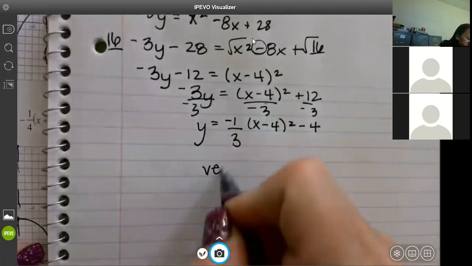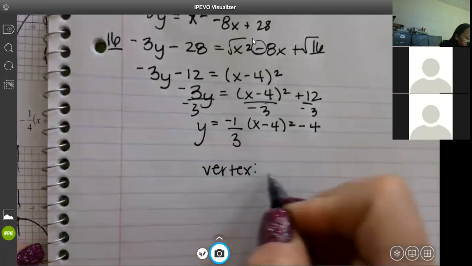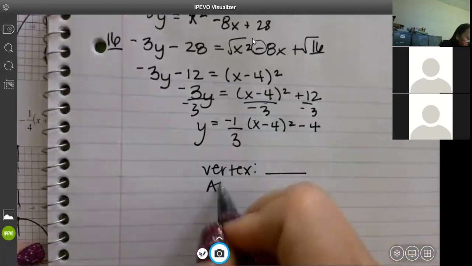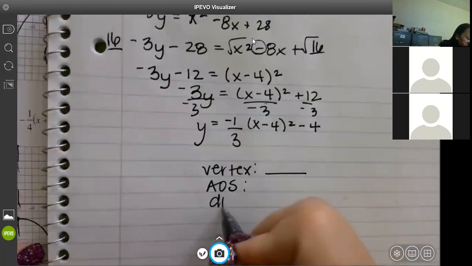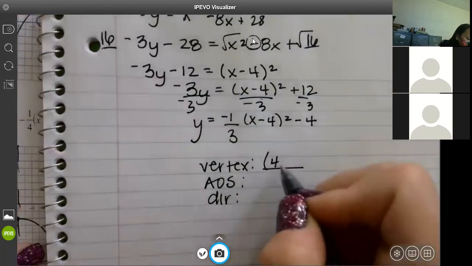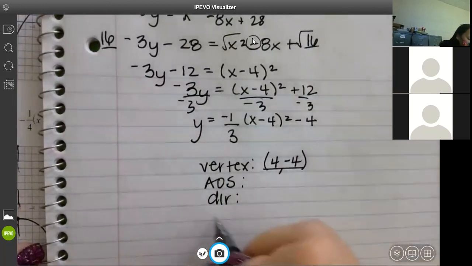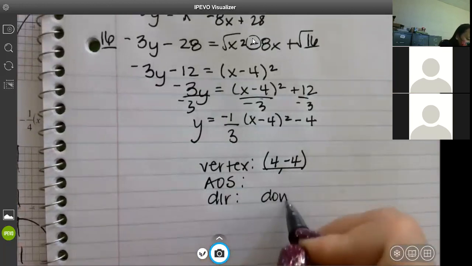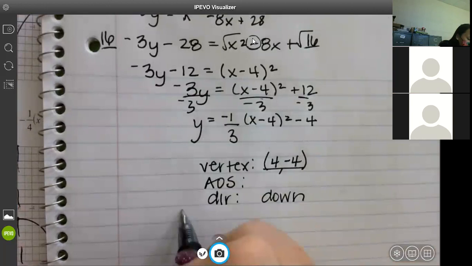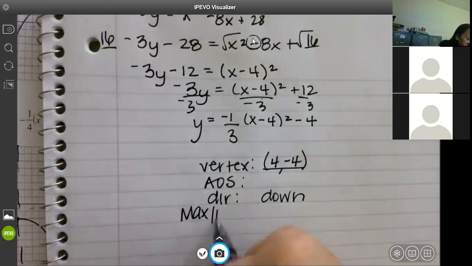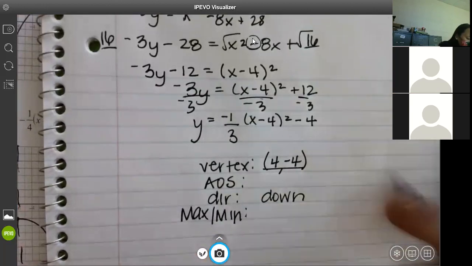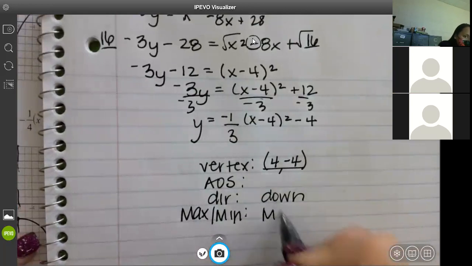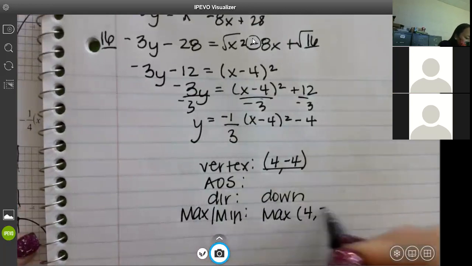So what's your vertex? 4, negative 4. Good. Your direction? Down. Why is it down? Negative. Good. Is it a max or a min then? Max. And that max is at 4, negative 4.